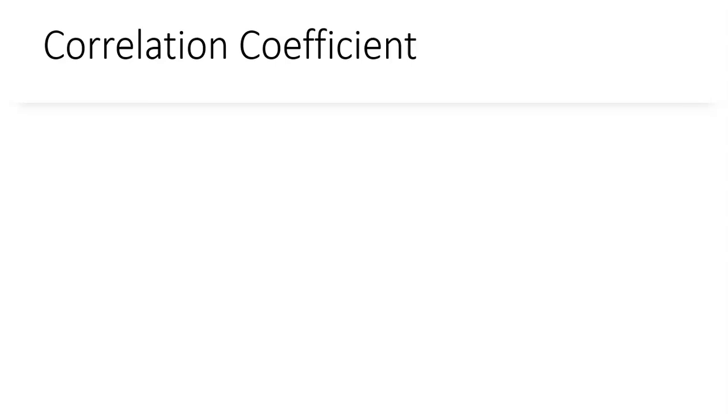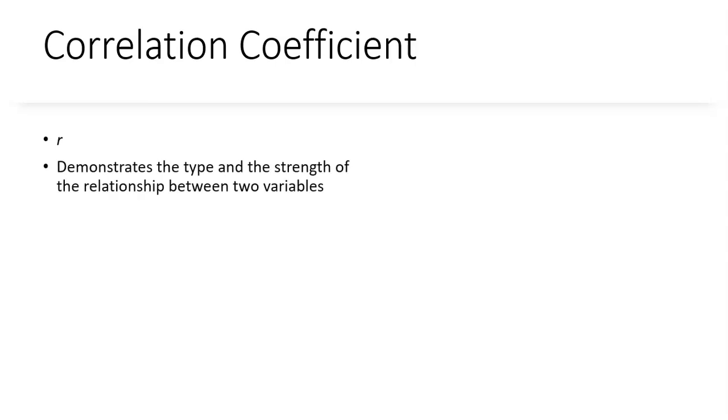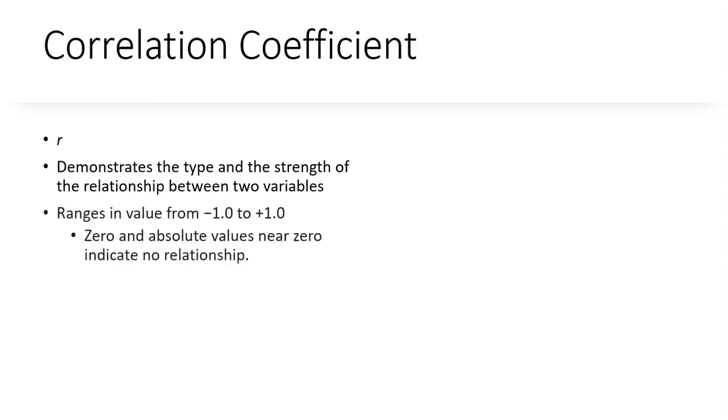Now, when you're doing correlational research, you're going to be using what's called a correlation coefficient, which is represented by the letter R. What the correlation coefficient does is give you a number that describes the type and strength of the relationship between variables.